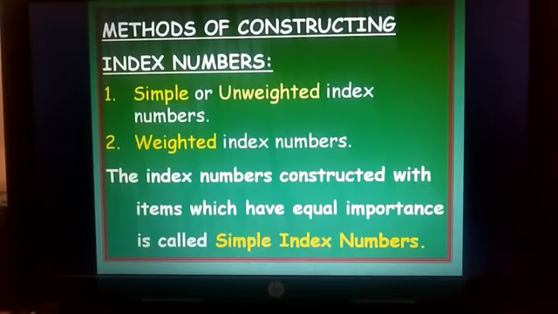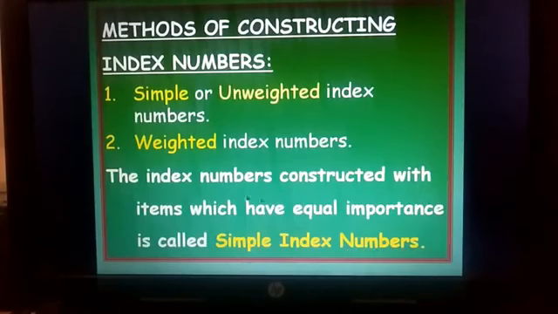Those group of related items or variables are considered here as items. The index numbers constructed with such items having equal importance will be called simple or unweighted index numbers.